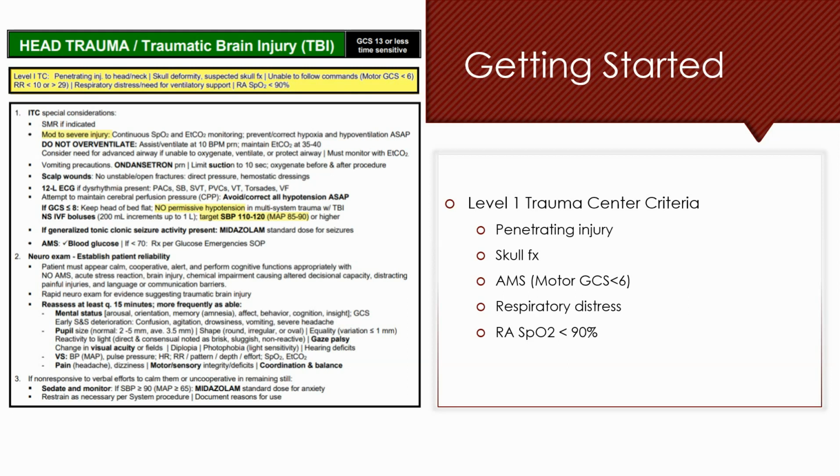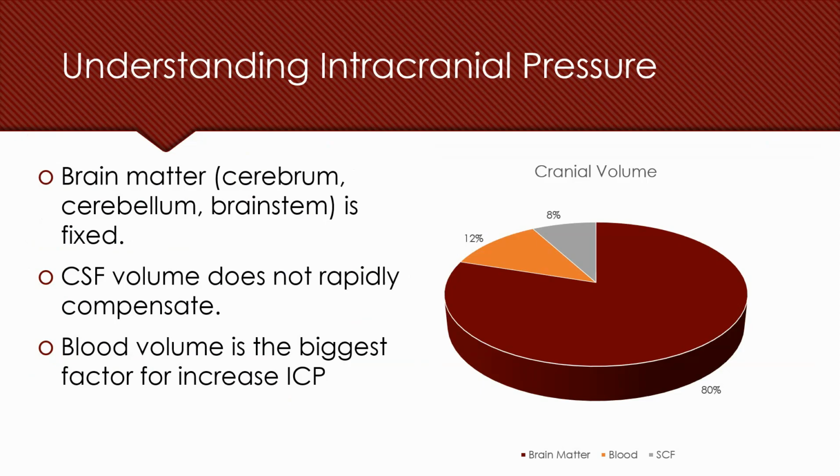Now, respiratory distress alone obviously would not be appropriate, but if we do believe that the respiratory distress is secondary to increasing intracranial pressure, herniation of the brainstem, something like that, then of course we'd be going to that level 1. And then any SpO2 less than 90%, again, associated with an underlying traumatic brain injury of sorts.